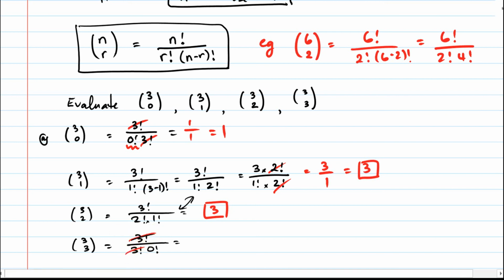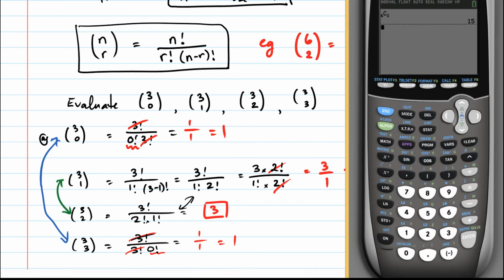The 0 factorial, as we mentioned above, is 1. So we again see something similar: the first two are the same, while those two middle ones are the same.